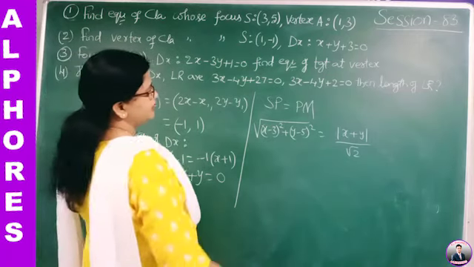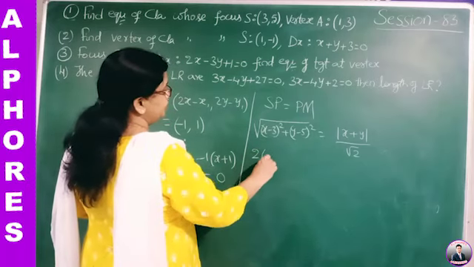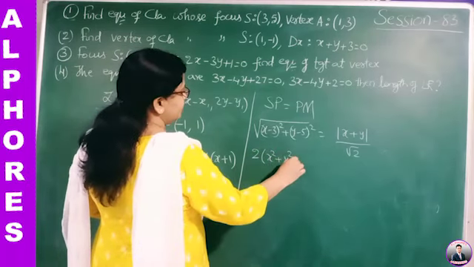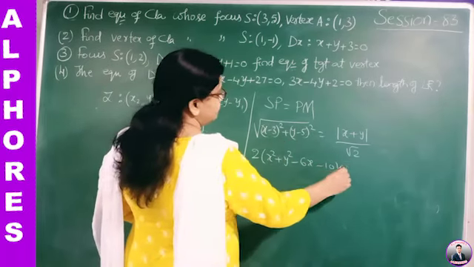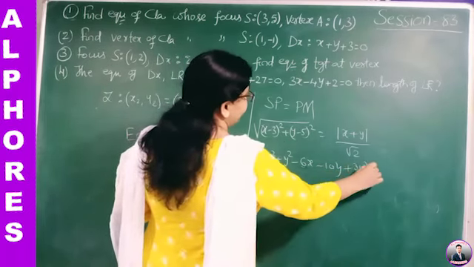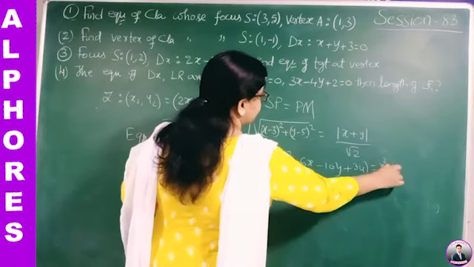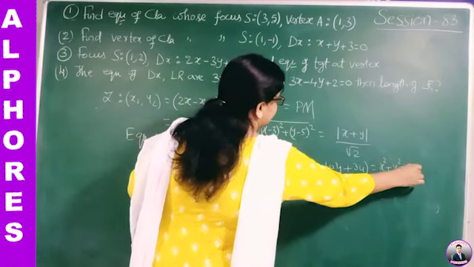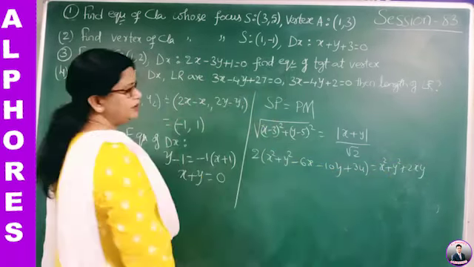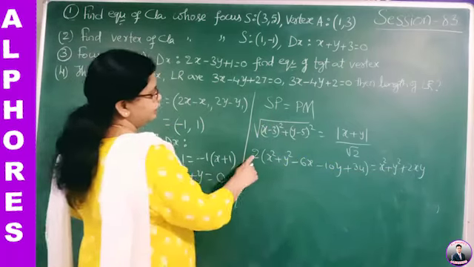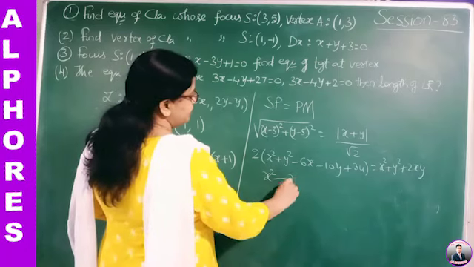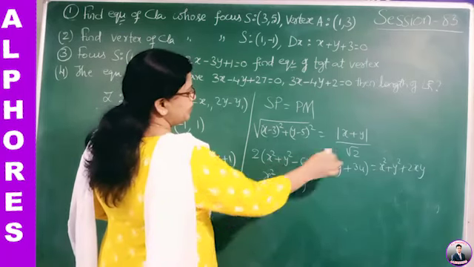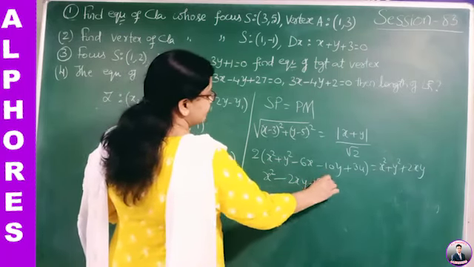So if you do simplification, this is 2 into (x square plus y square minus 6x minus 10y plus 9 plus 25, that is 34), equal to x square plus y square plus 2xy. Now take all the terms on one side: 2x square minus x square is x square, minus 2xy, and plus 2y square minus y square is plus y square.